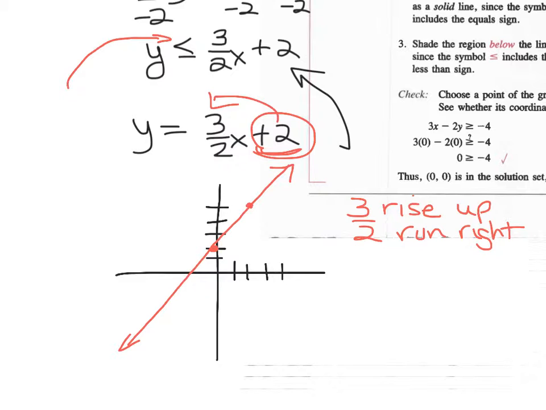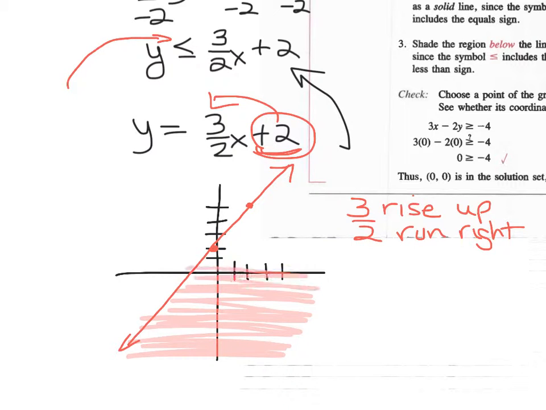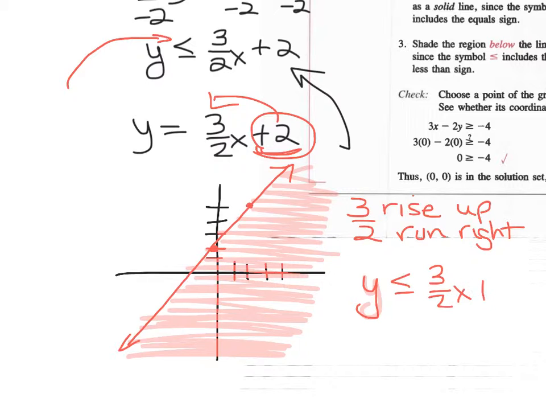Now, I'm going to shade. Again, if you want to just remember that less than is below, you're going to color everything that's below the line for less than. Now, a way to confirm this is you choose an ordered pair. So if I take y less than or equal to 3x plus 2, I would pick a point that's in my shaded area.